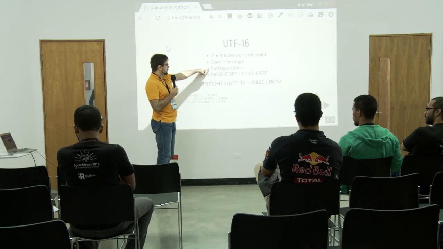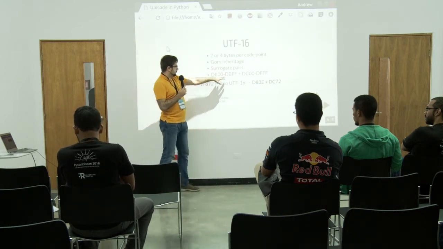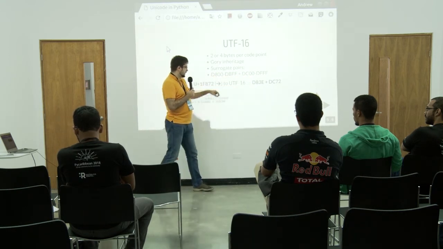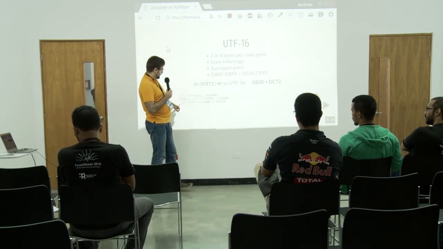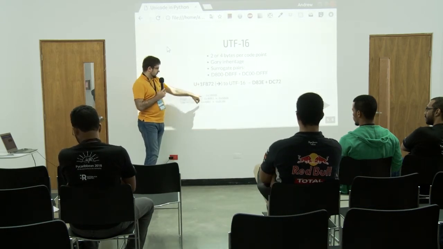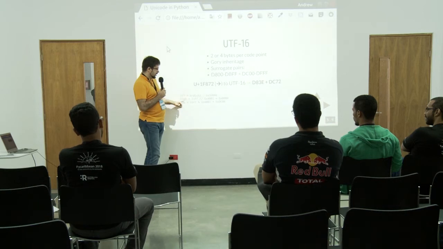It's called a surrogate pair. A surrogate pair is a first word in this range and a second word in this range. So this is just a small example of how to convert a large symbol into a surrogate pair.